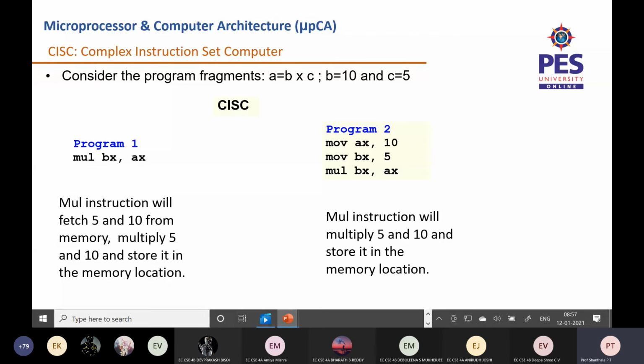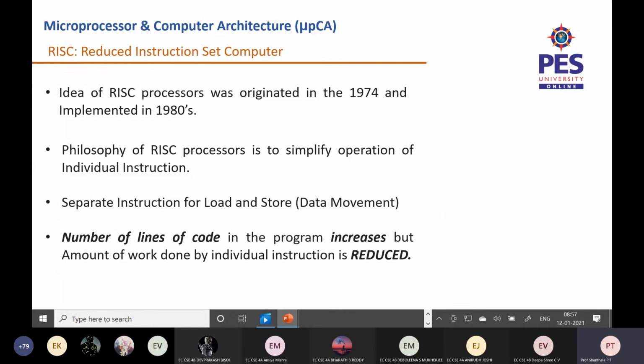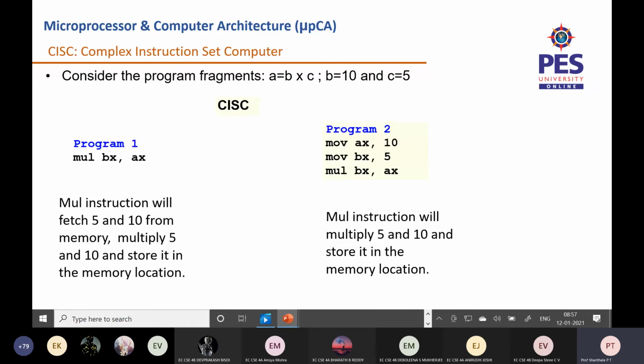Now in this mul instruction in program 1, the mul instruction will load 5 and 10 from the memory and multiply. So here in program 1, 4 operations are embedded in a single instruction. So the number of lines gets reduced, but the complexity increases.